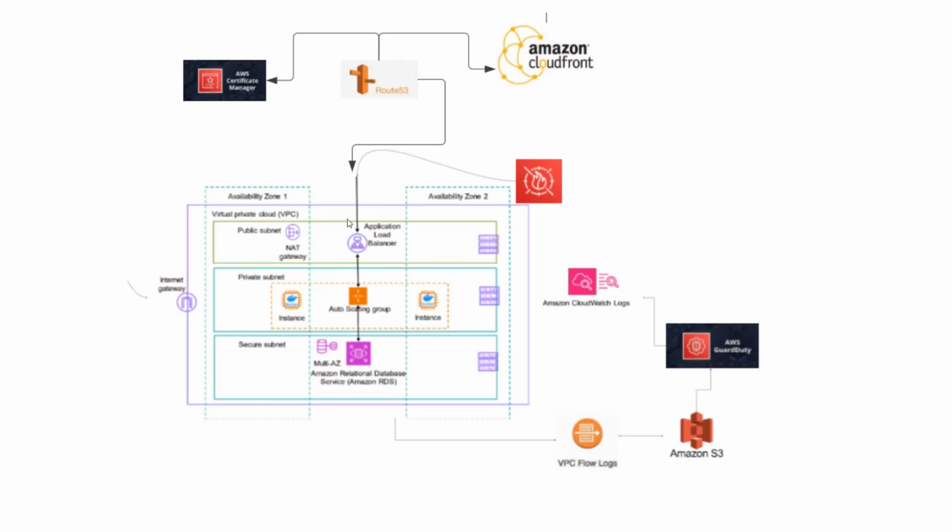Even DevOps and cloud engineers need to take care of some security practices. You can't ignore some of these things. The next thing is, all understood this VPC part, right?